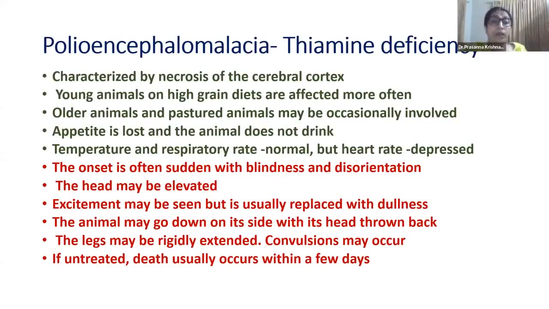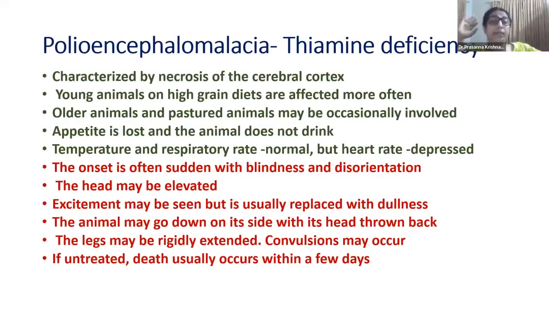The appetite will be lost. The animal does not drink. Temperature and respiratory rate will be normal, but heart rate will become depressed. The onset is sudden. The animal will become blind all of a sudden. Orientation will be lost. The head may be elevated, as they are not able to see, giving a stargazing appearance.